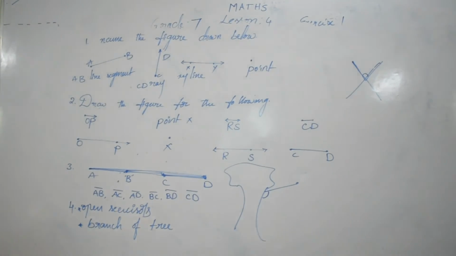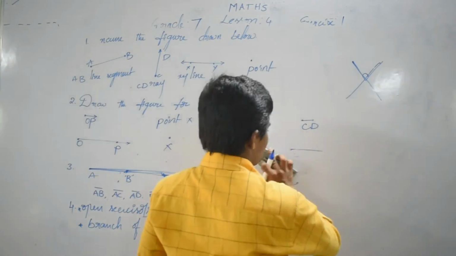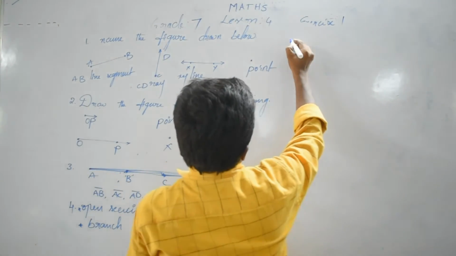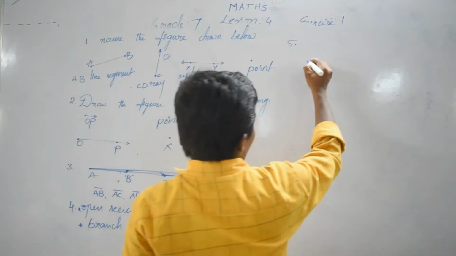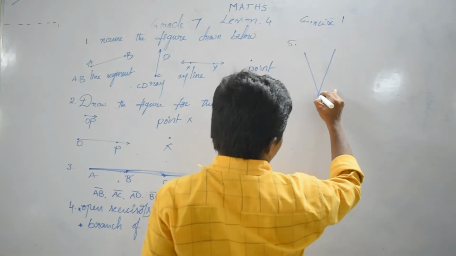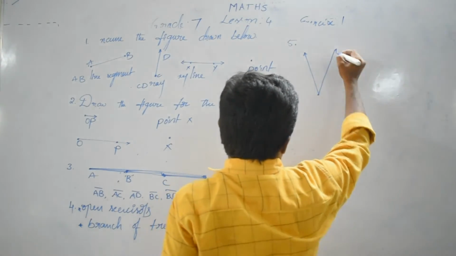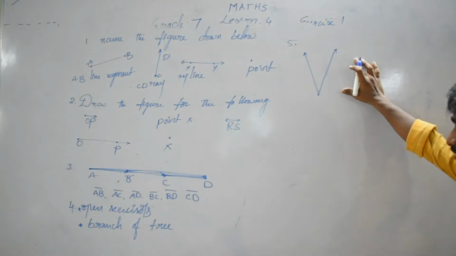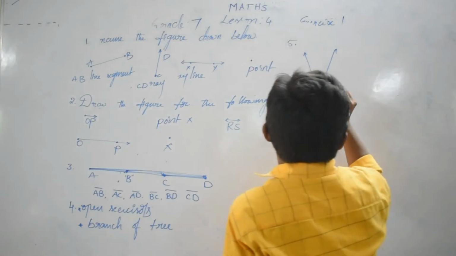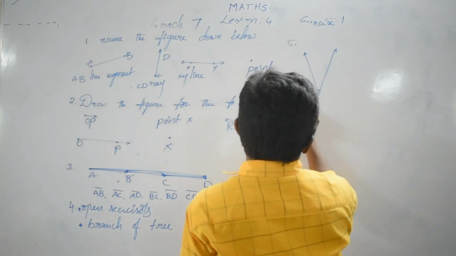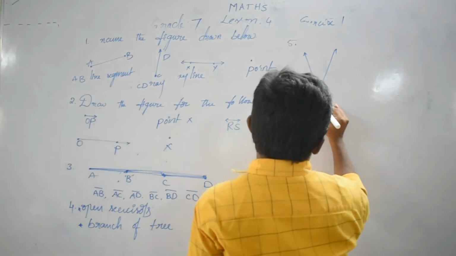Identify the following given angles: acute, right or obtuse. Fifth one. So a picture is given. Which angle is this? This one shows an acute angle. Acute angle.